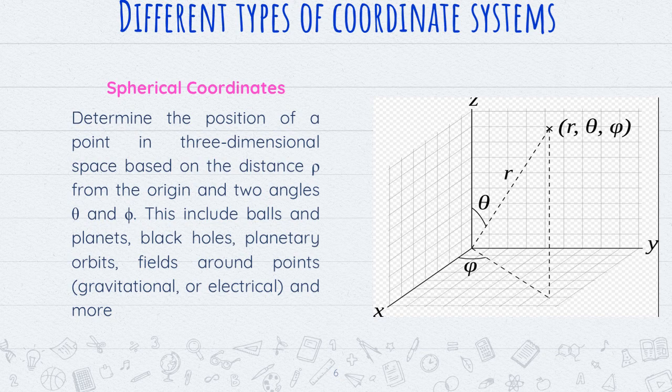From the center at origin O to that point, mark it as X. The distance between this origin and that point is the radius. Any point on the sphere is at the same distance r from the origin. So a spherical surface is defined as r equal to constant surface.